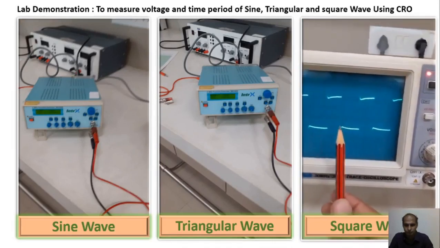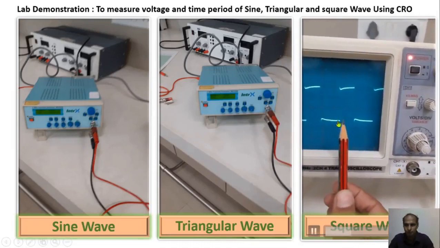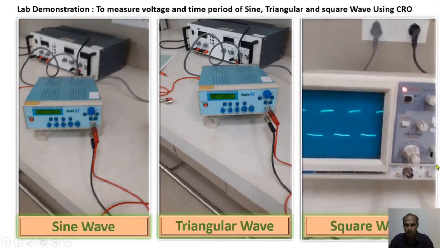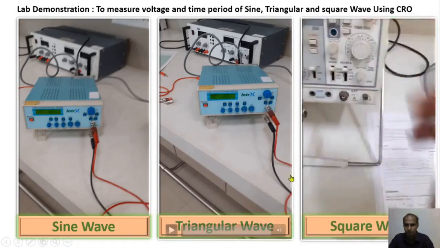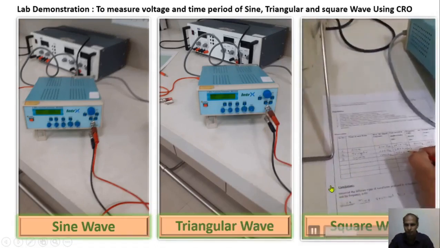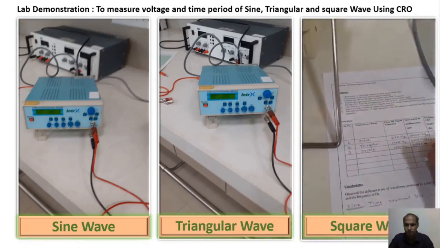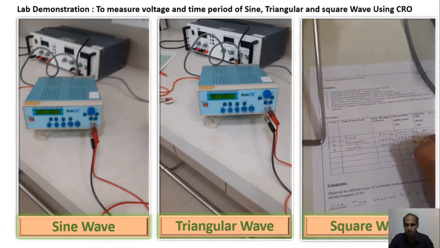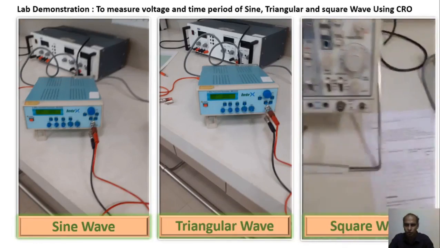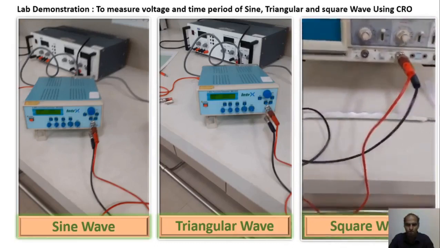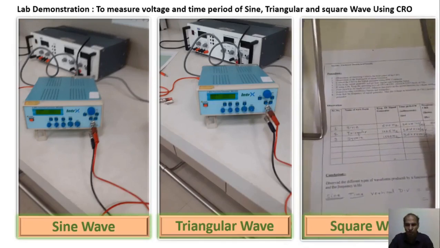If I calculate the divisions to calculate the time period, it comes to about 1, 2, 3 divisions, multiplied by my time base. Time per division is 0.2 milliseconds. It's about 3 divisions into 0.2, which comes to 1500 Hertz.